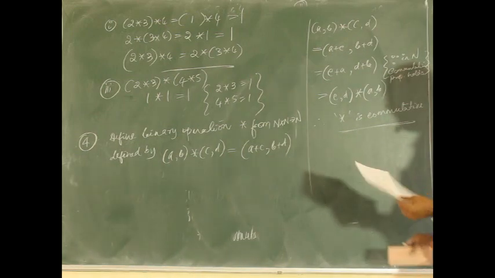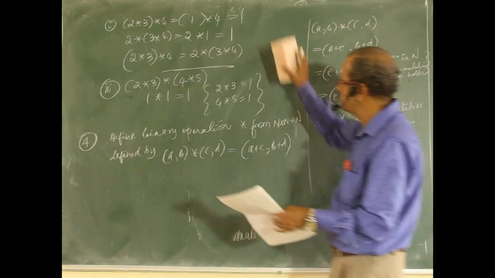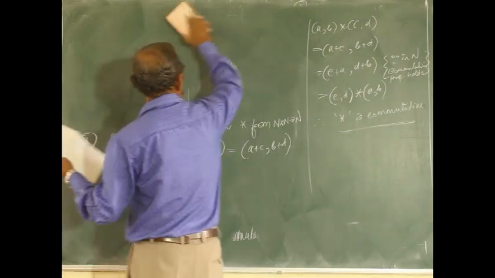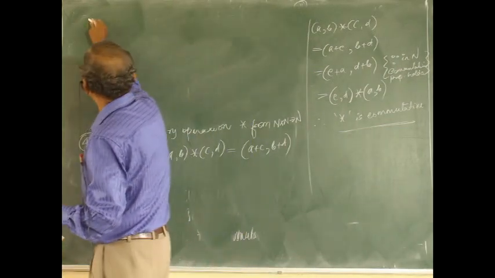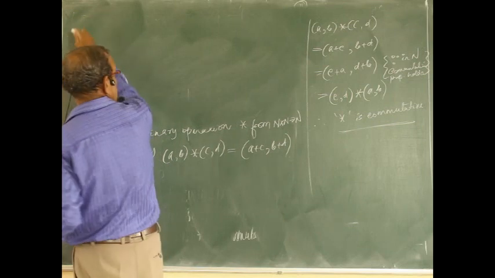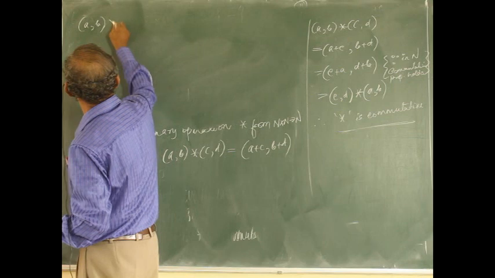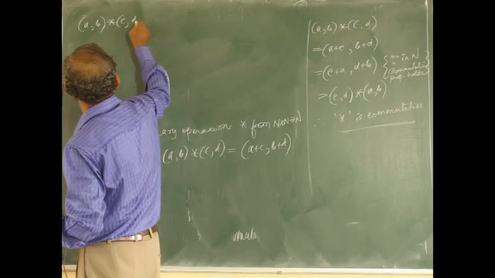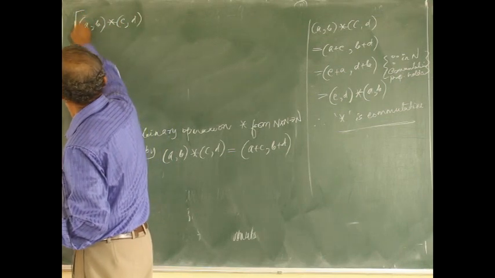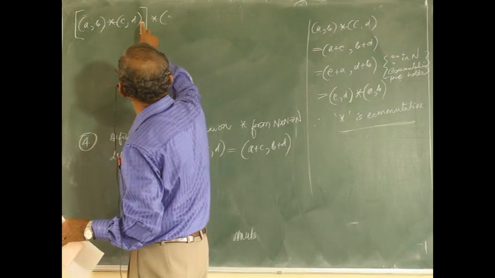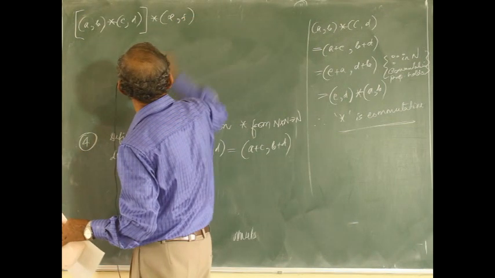Associative property. Starting with this, second one is associative. a comma b star c comma d star e comma f.